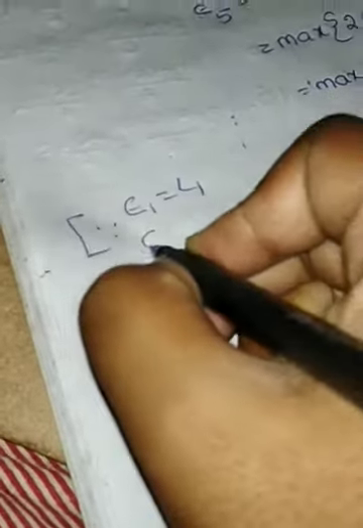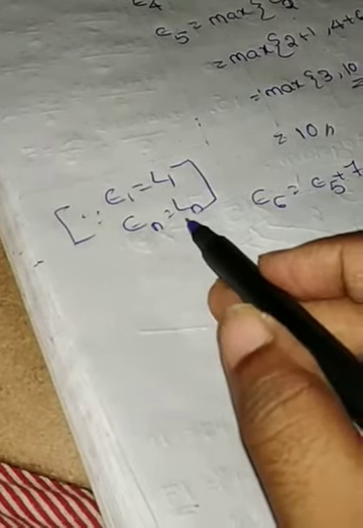In this solution we have to remember E1 equal to L1, En equal to Ln. So En means E6 equal to 17, so we take L6 equal to 17.